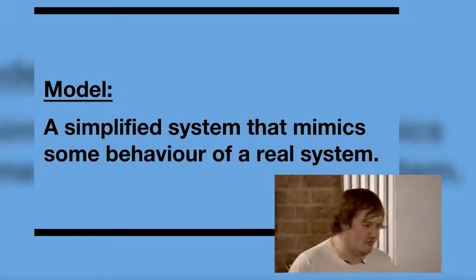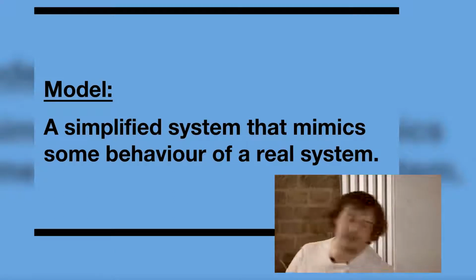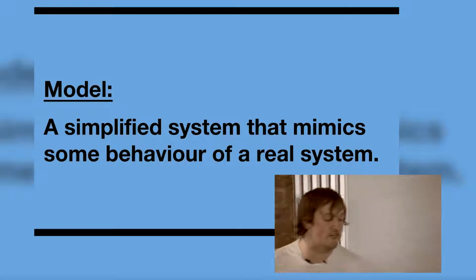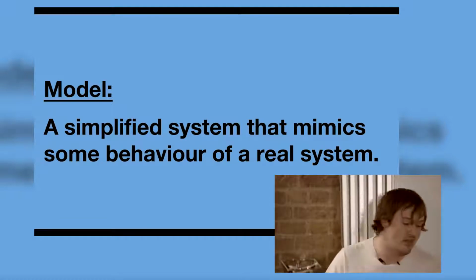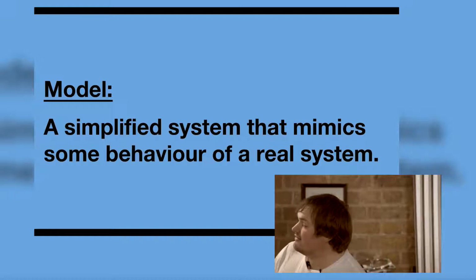So let's start. What is a model? The first thing anyone does when faced with a definition is to go to Wikipedia. Turns out Wikipedia has a lot of definitions for what a model is, so I made one up myself. A model is a simplified system that mimics some behavior of a real system. The keyword I think is simplified.